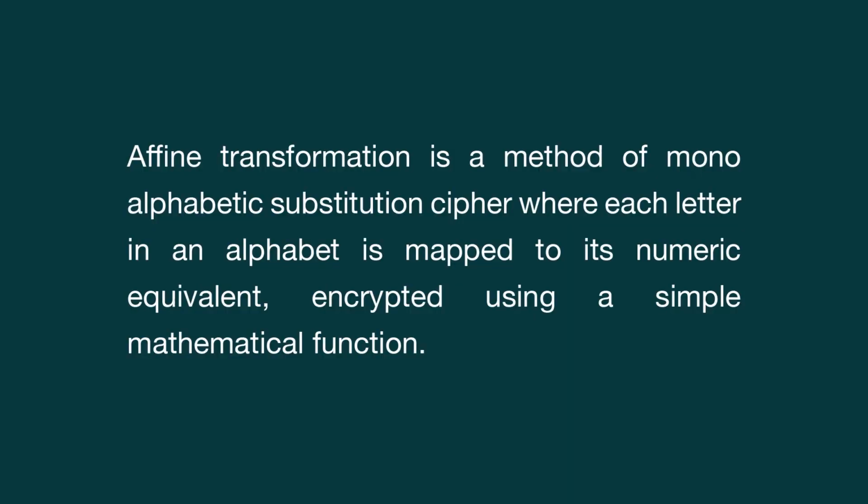To avoid attacks based on simple algebraic properties, the S box is constructed by combining the inverse function with an invertible affine transformation. Affine transformation is a method of mono-alphabetic substitution cipher where each letter in an alphabet is mapped to its numeric equivalent, encrypted using a simple mathematical function.